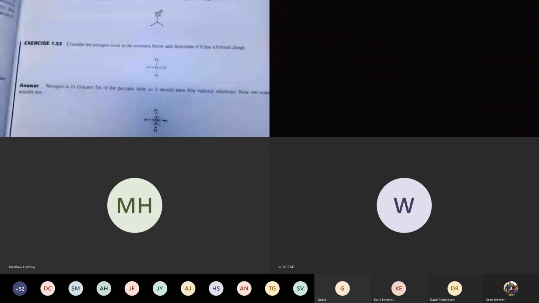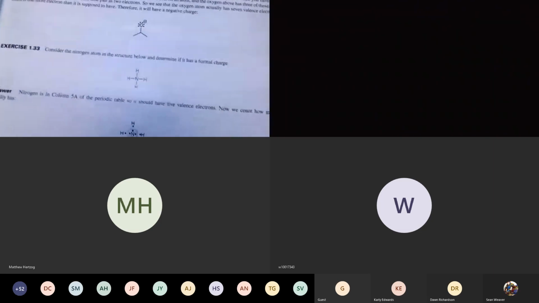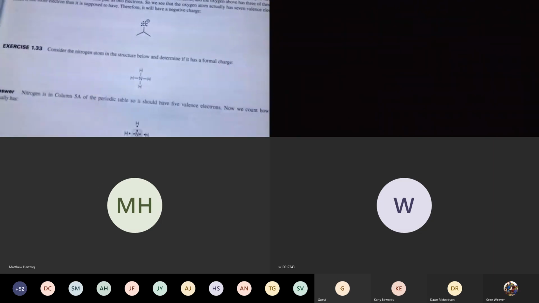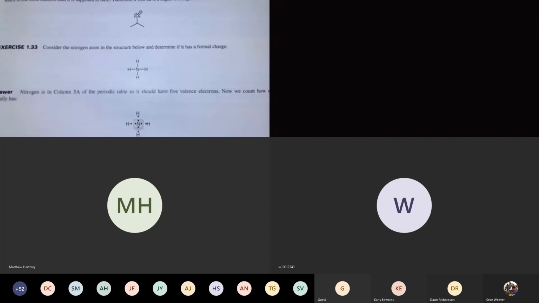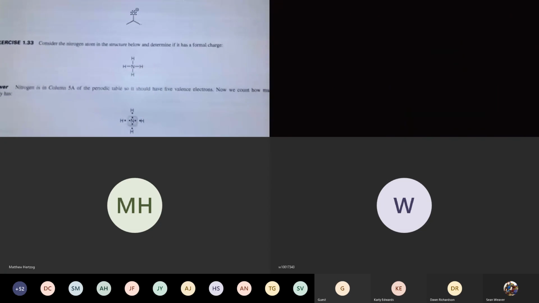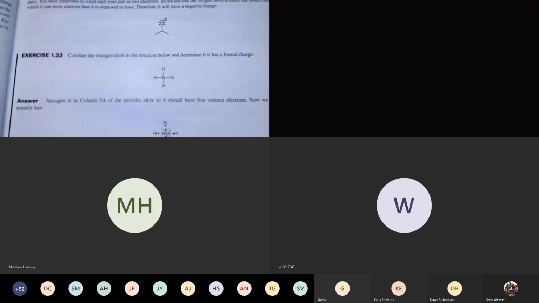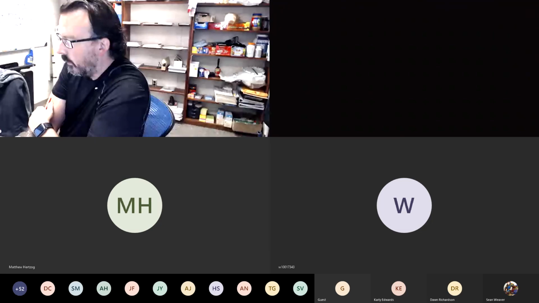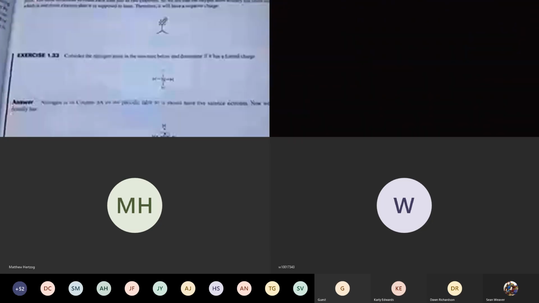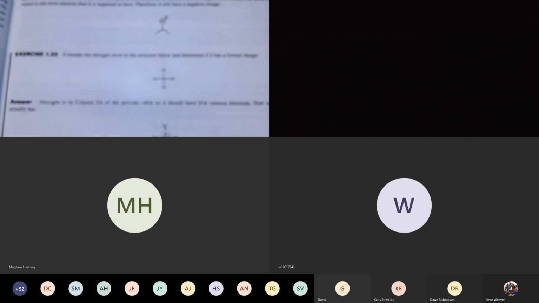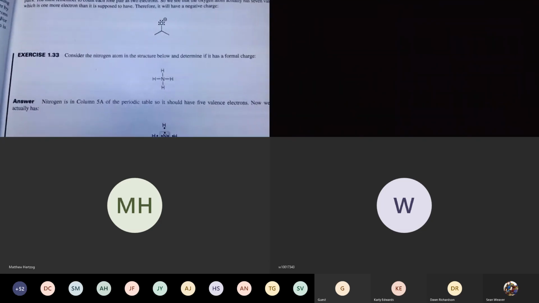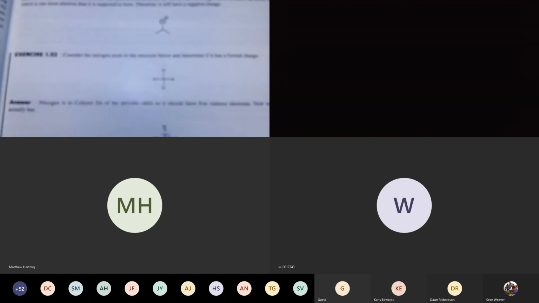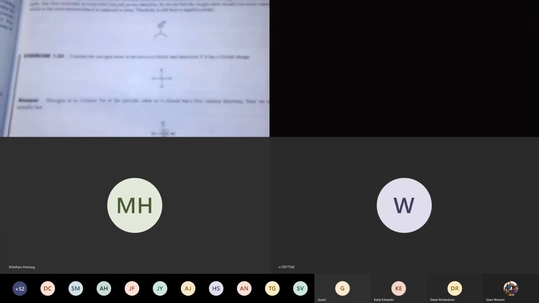Let me see if I can get it closer. How do I make it take up the whole screen? Aiden says click on it. Click it or pin it. Sorry about that. Just let me know if it gets out of focus.